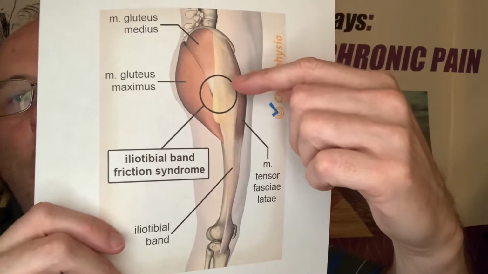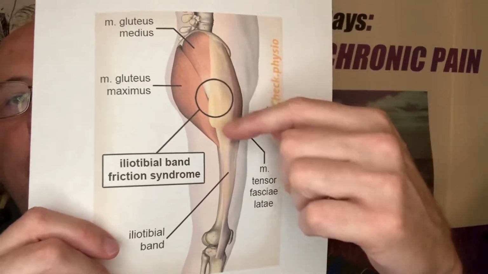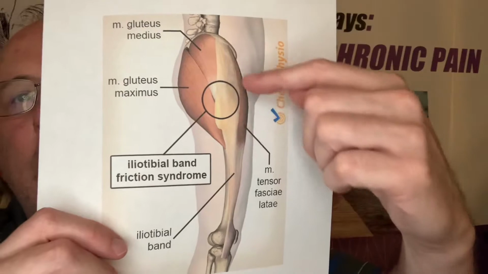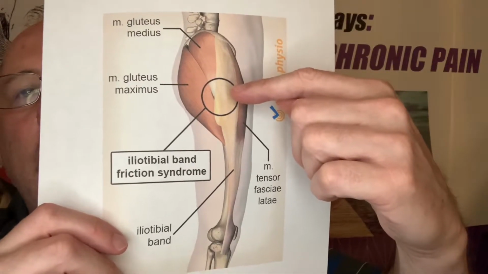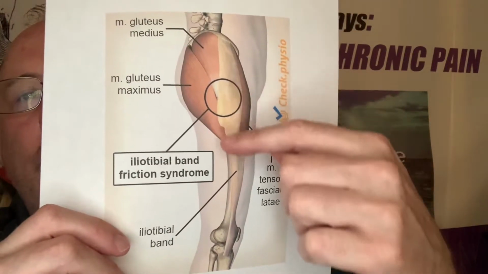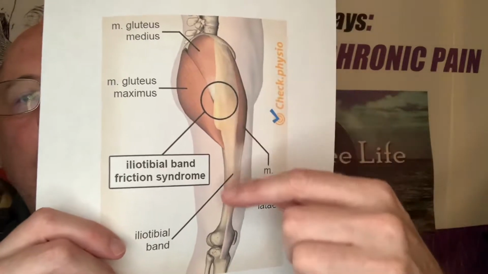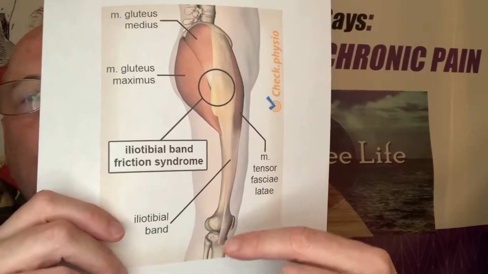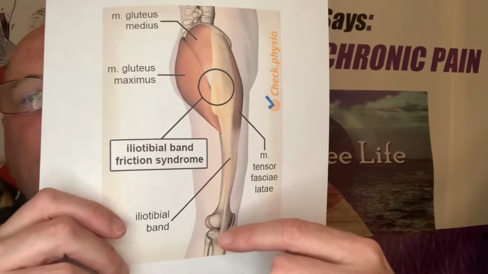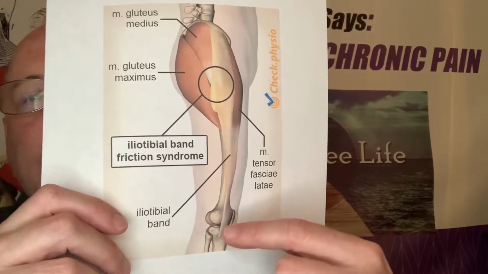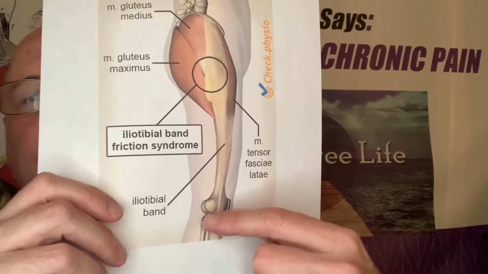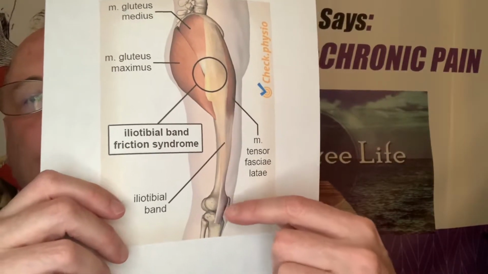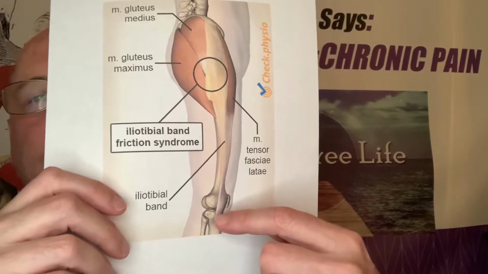So if there was a straining of the tensor fascia lata, then you would cause some sort of altered tension on the iliotibial band, which possibly could cause an excessive pulling on its attachment at the knee joint. Here you see it attaching to the fibula head, but it also has a partial attachment to the kneecap.